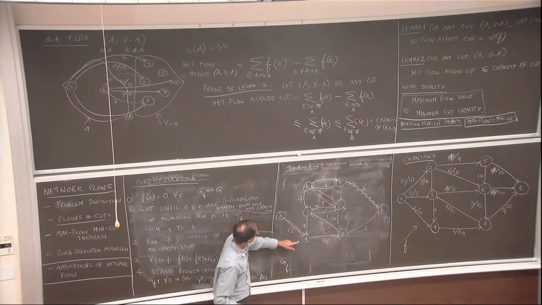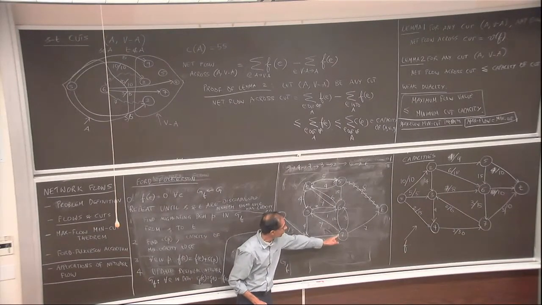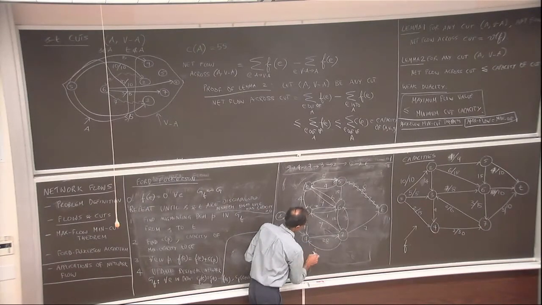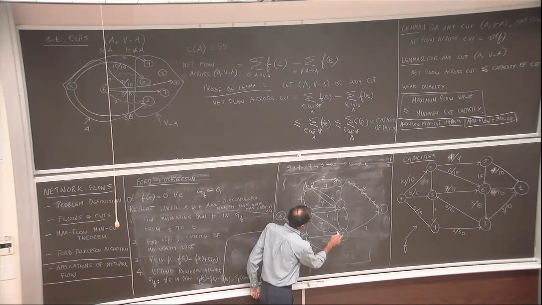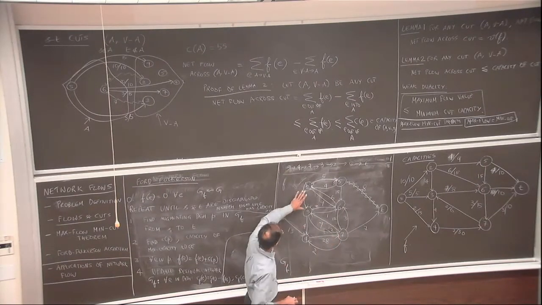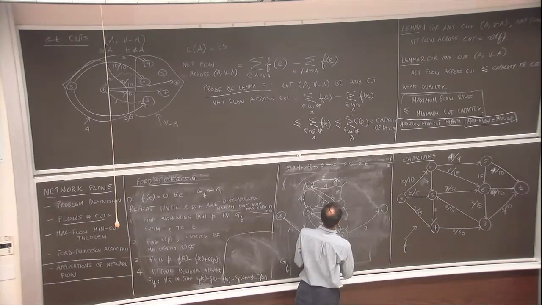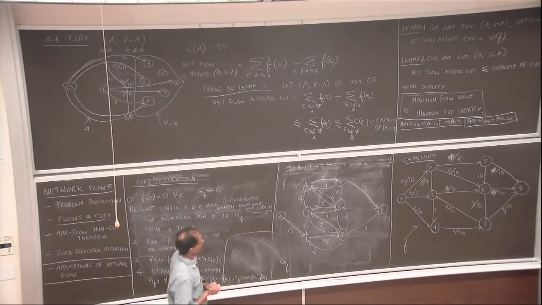One thing I have to fix: this I don't need to change, but this I have to change. 4 to 7 is 28, 7 to 4 is 2. 7 to 3 is 4, 3 to 7 is 2. 6, this is okay. Finally, this one. 6.